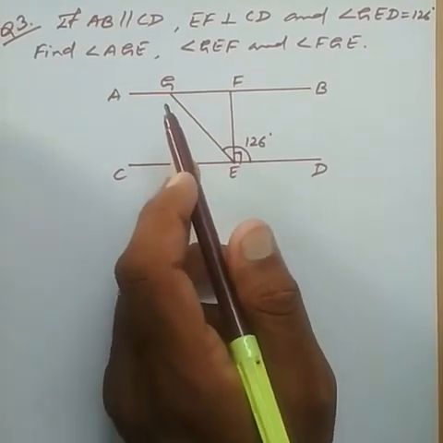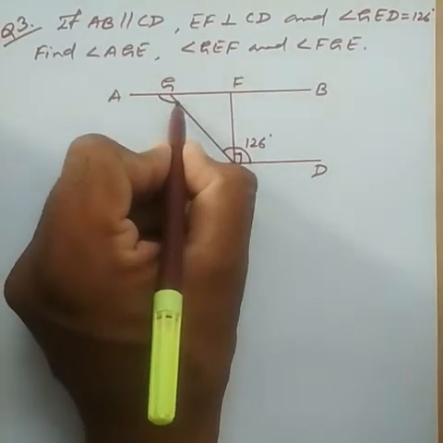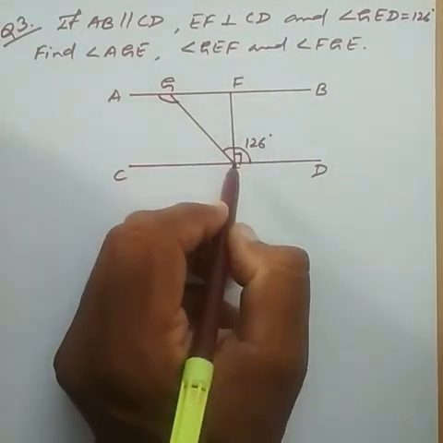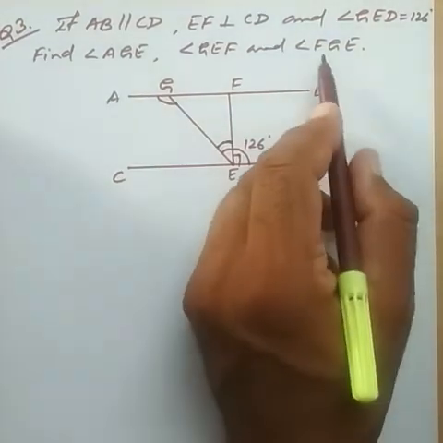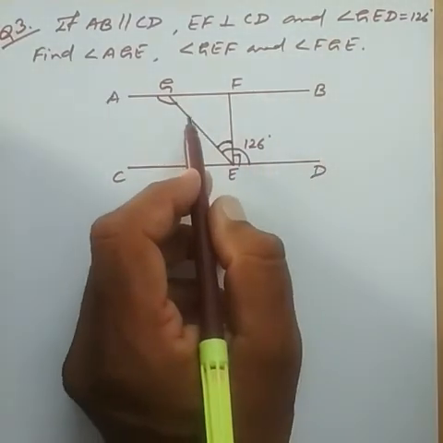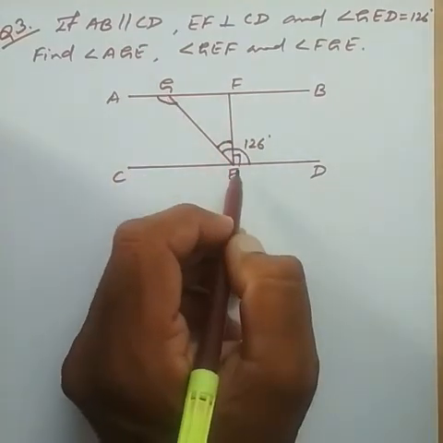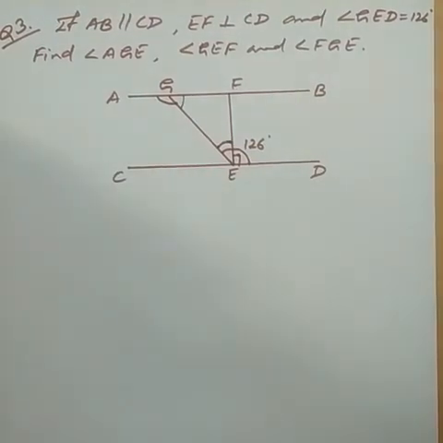Find the angle AGE. AGE is this angle. Second, GEF is this angle. And FGE is this angle. So one by one we will find the values of these angles.